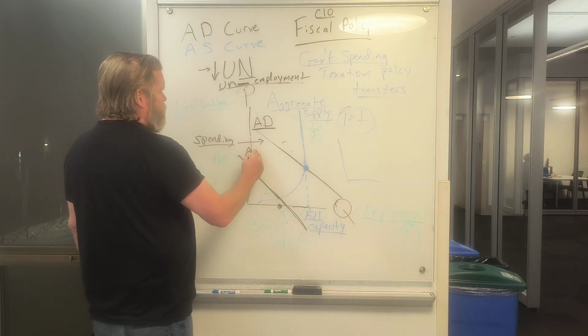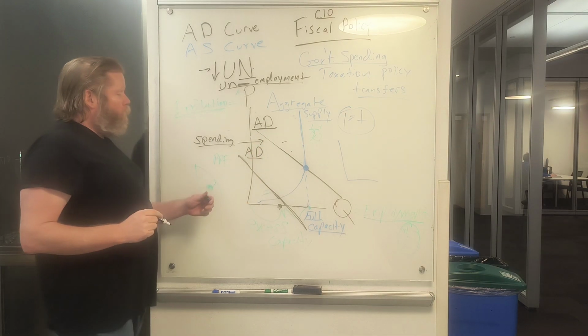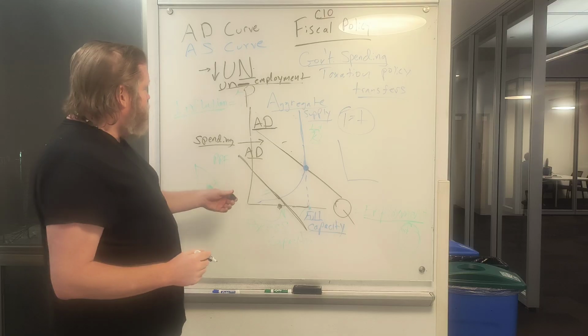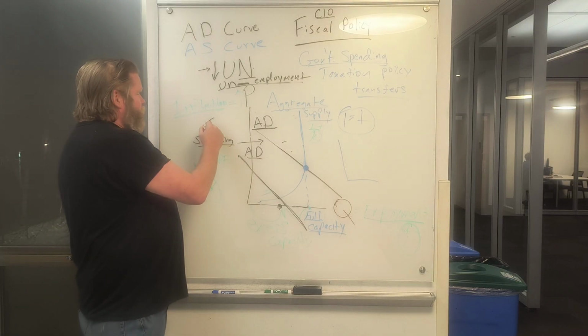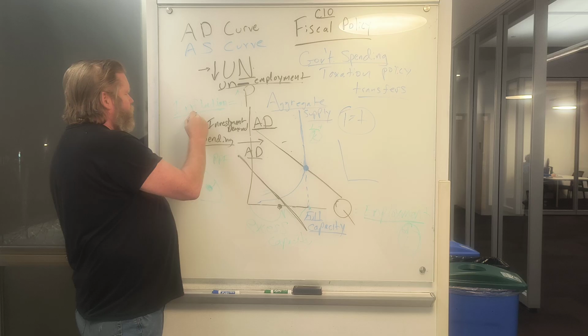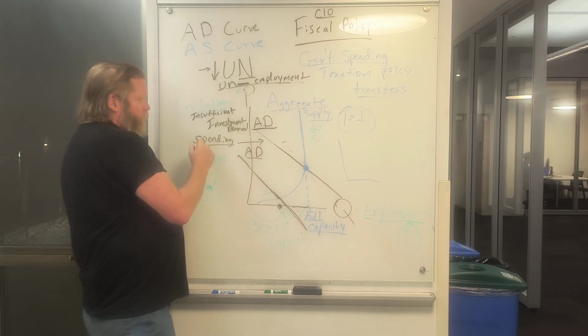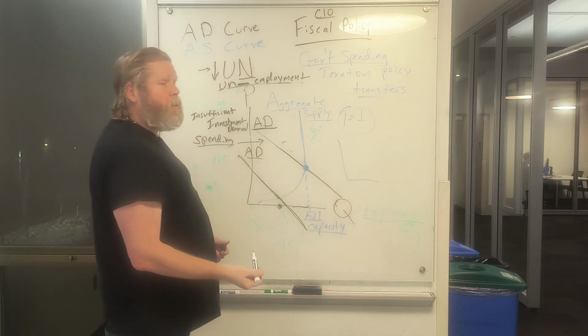This is aggregate demand. This is what Keynes was saying. People weren't spending enough money, and there was not enough investment demand. Insufficient demand to hire all of the people who wanted jobs.